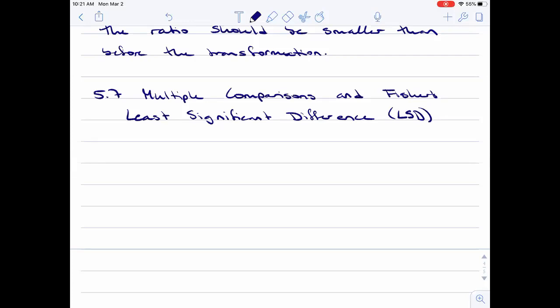That's in one go, right? Every time that you run a pairwise comparison, you expose yourself to a type 1 error again. A type 1 error is when you reject H0 when you shouldn't have, right? And so every time we ask, hey, is this significant? Hey, is this significant? Hey, is this significant? We expose ourselves to more and more type 1 error, or the potential of it. There are lots of ways to deal with that.